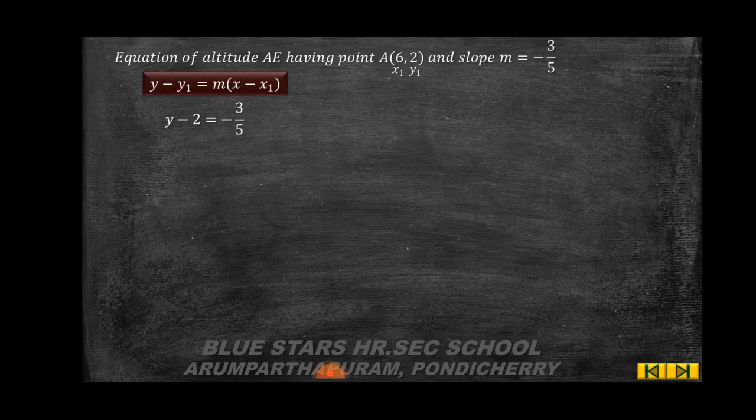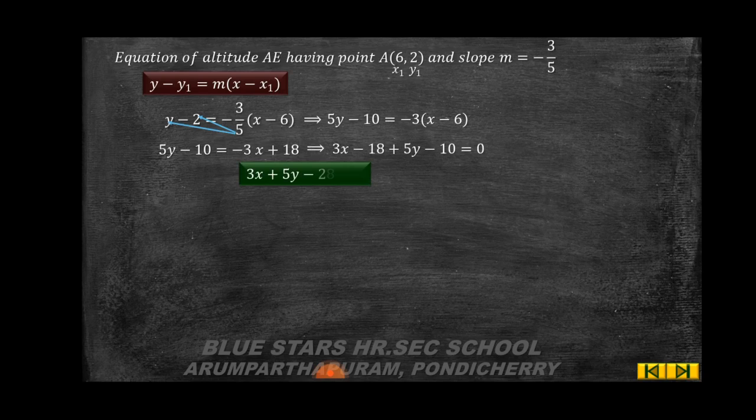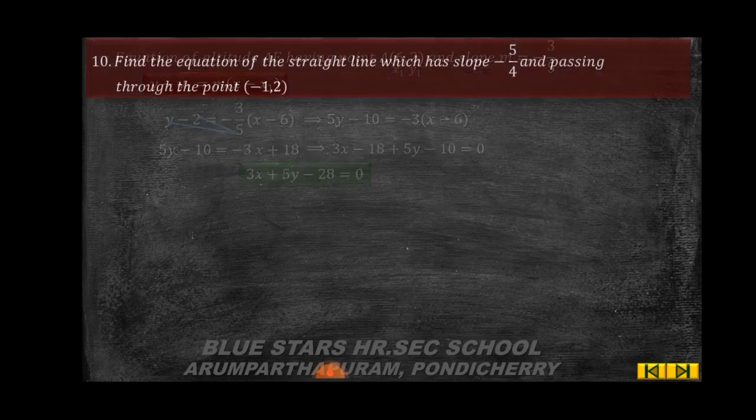So now substitute the values in the formula. y - 2 is equal to -3 by 5 into (x - 6). Then cross multiplication, 5y - 10 is equal to -3 into (x - 6). So 5y - 10 is equal to -3x + 18. So 3x - 18 + 5y - 10 is equal to 0. Therefore, the equation of the altitude is 3x + 5y - 28 is equal to 0.